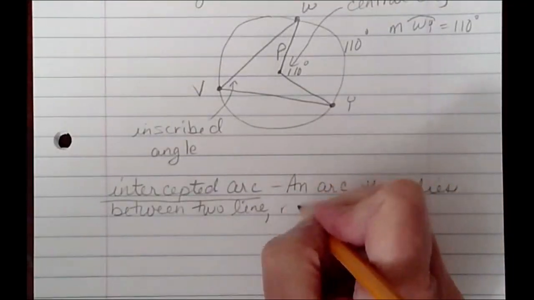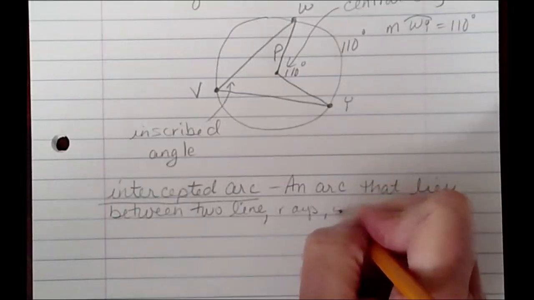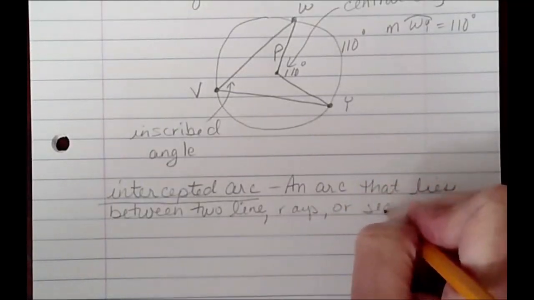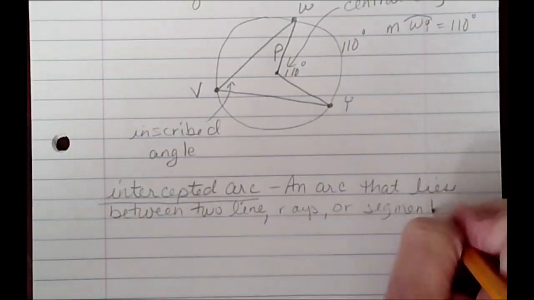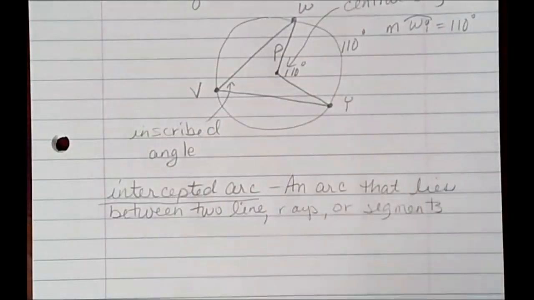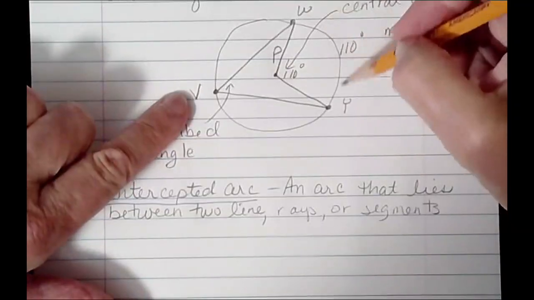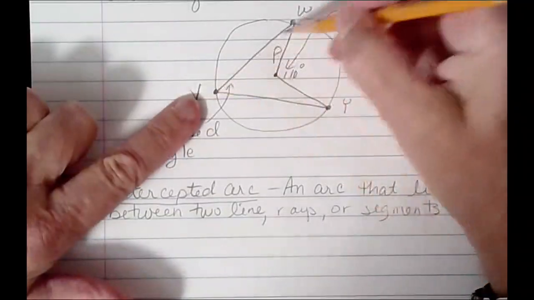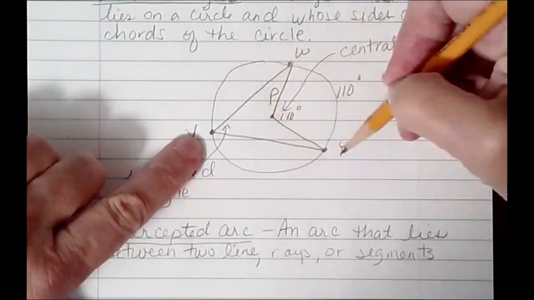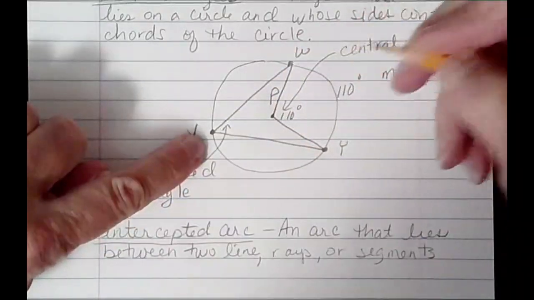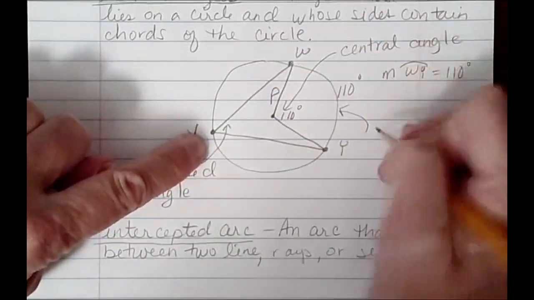An intercepted arc is an arc that lies between two lines, rays, or segments. Well, a chord is a segment. So since arc WY lies between chord VW and chord VY, it is an intercepted arc.